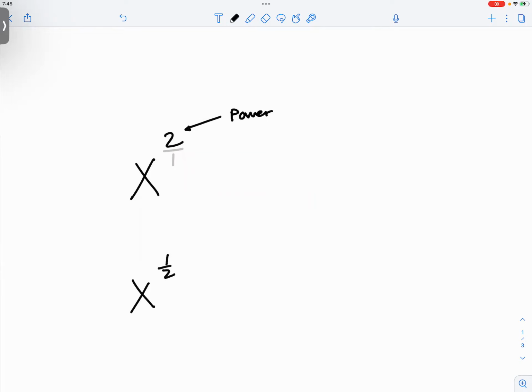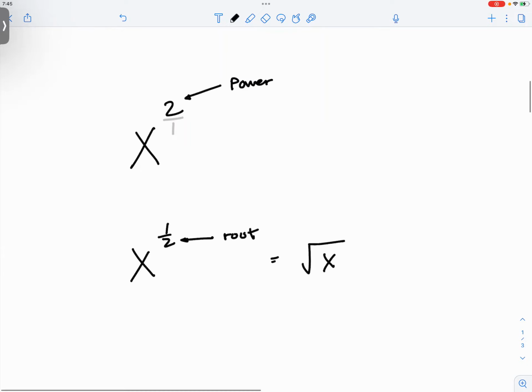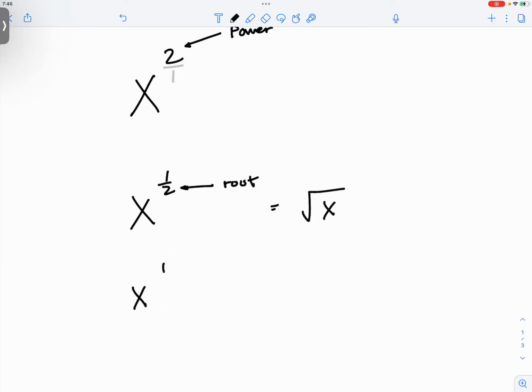If I have x to the 1/2 power, the denominator is the root. Okay? It's the root. So that would equal the square root of x. If I have something like x to the 1/3 power, that would equal the cube root of x, which we did yesterday.